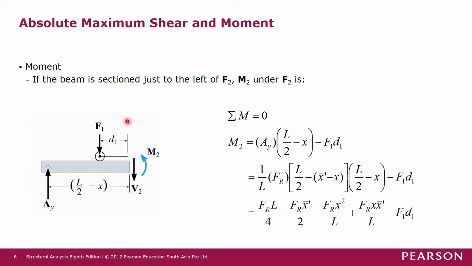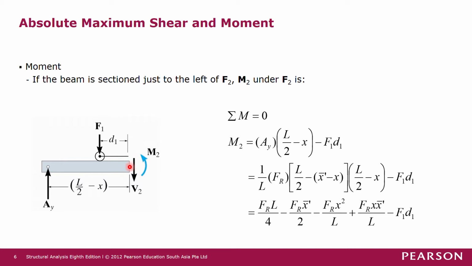We don't need to put in F2 here because it doesn't affect the bending moment that we're going to calculate. If we cut across this section and call the shear force V2 and this moment M2, then this distance is L2 minus x. Now we want to find M2.